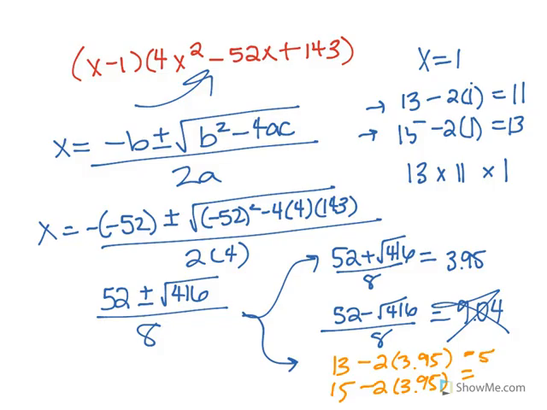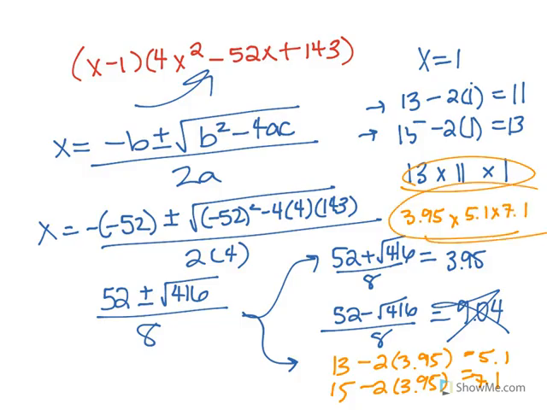This one's 5.1 and this one's 7.1. So the other solution is 3.95 by 5.1 by 7.1. So there are two solutions here.